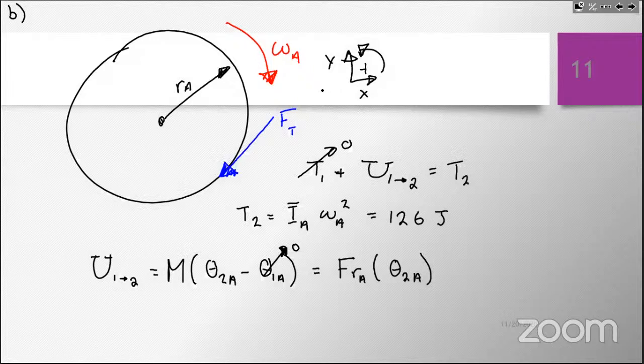So how do I find that rotation angle? That's the question, that's the key. Because once I find that out, I just have to solve this equation for F. So how can we talk about that?